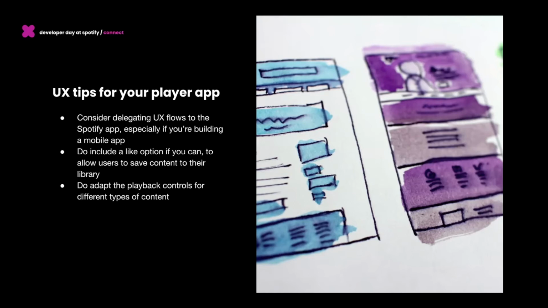Most obviously, one suggestion that is in our design guidelines is to include the skip options to skip forward 15 seconds or skip back 15 seconds when you are playing a podcast episode for users. So you can use the player API to see exactly what type of content is playing and then adapt the user interface accordingly so that users see the controls that they expect to see when certain types of content are playing.